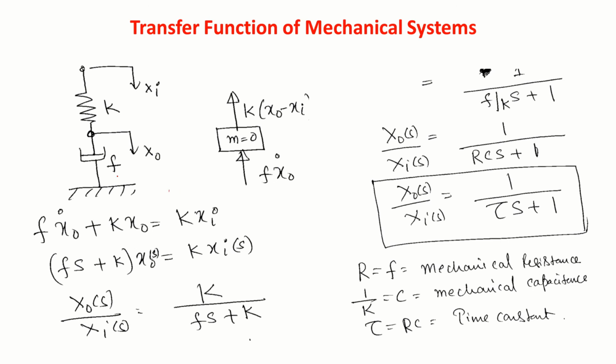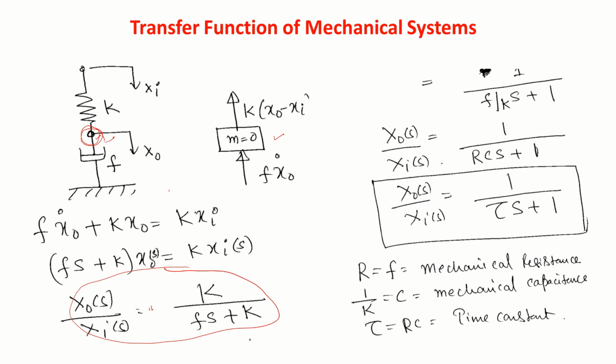In this example, there is no mass here. I have assumed it is massless. Obviously, then there is no inertia force. So I have drawn the free body diagram, assuming m equal to 0. Then you get the equation like this. So x naught of s by xi of s is equal to k divided by fs plus k.